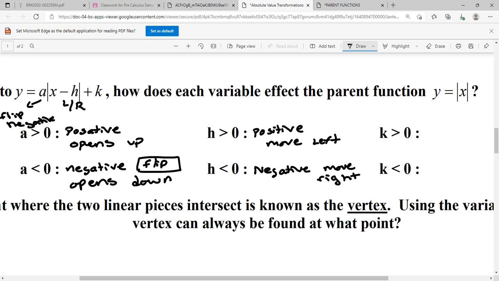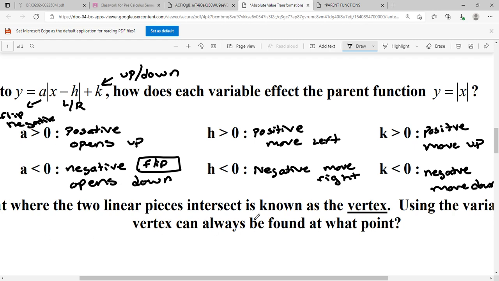And then our K, that's the one on the very end. This is going to be our up, down. Positive, move up. And negative, move down.